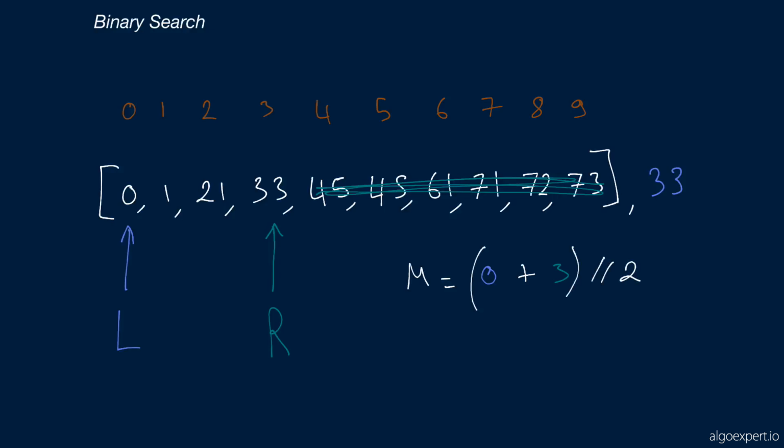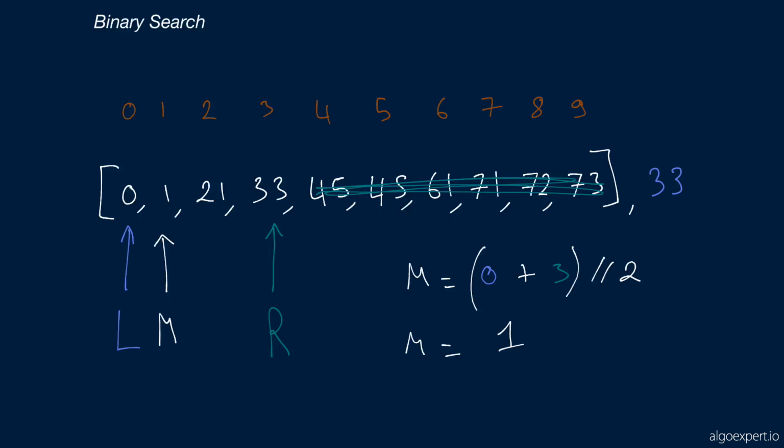So 0 plus 3 divided by 2 is 1.5, rounded down is 1. And so now our middle pointer is going to point to index 1 here, which happens to have the number 1. So now we compare the number 1, which is the middle number of our new subarray of 4 numbers, to 33, our target number.